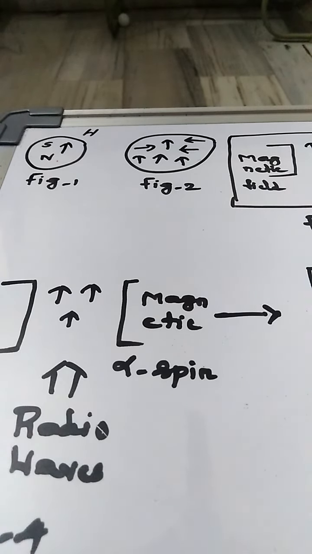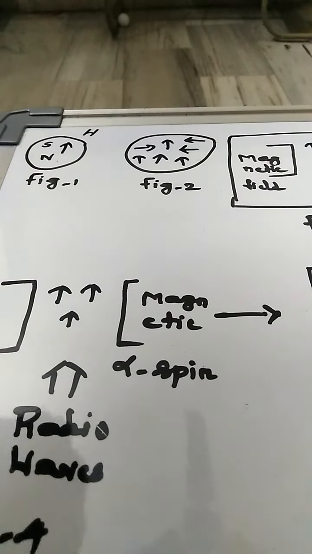Nuclear means this technique involves the interaction of the electromagnetic radiation with the nucleus, and magnetic means it involves the usage of magnetism, and resonance means the radio waves we are giving will be in resonance with the magnetic field externally applied.